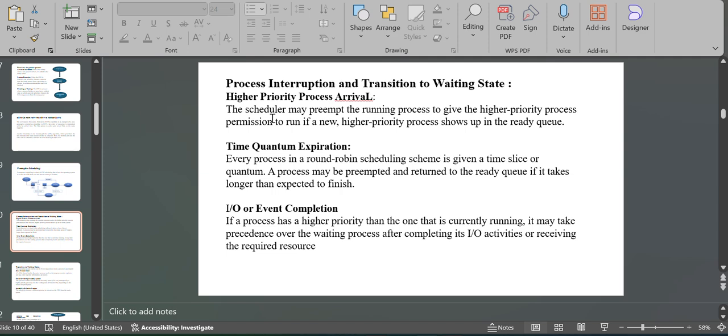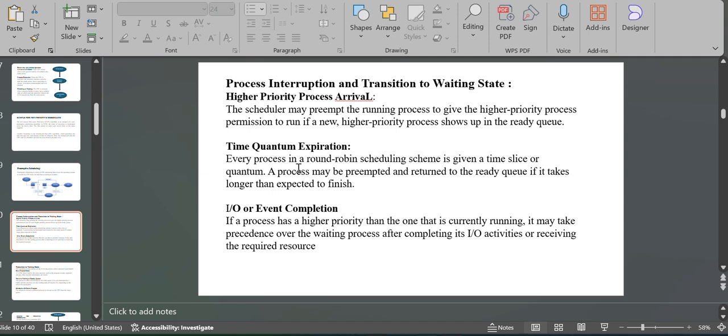In higher priority process arrival, the scheduler may permit the running process to give the higher priority process permission to run if a new higher priority process shows up in the ready queue. Time quantum expiration: every process in a round robin scheduling scheme is given a time slice or quantum.